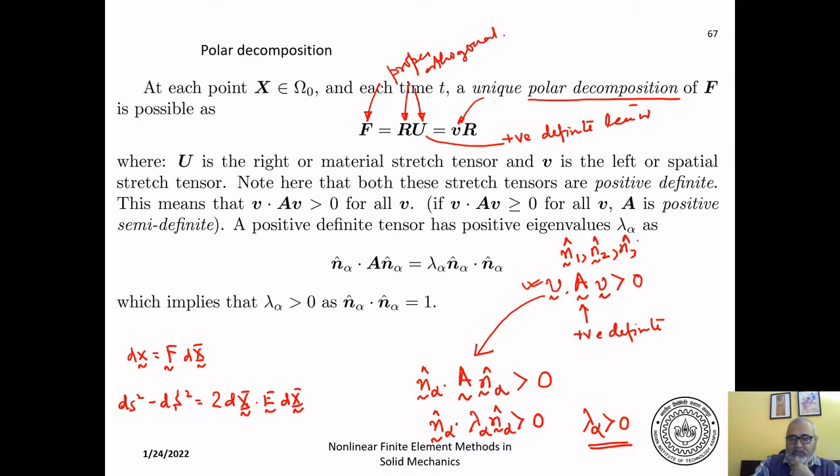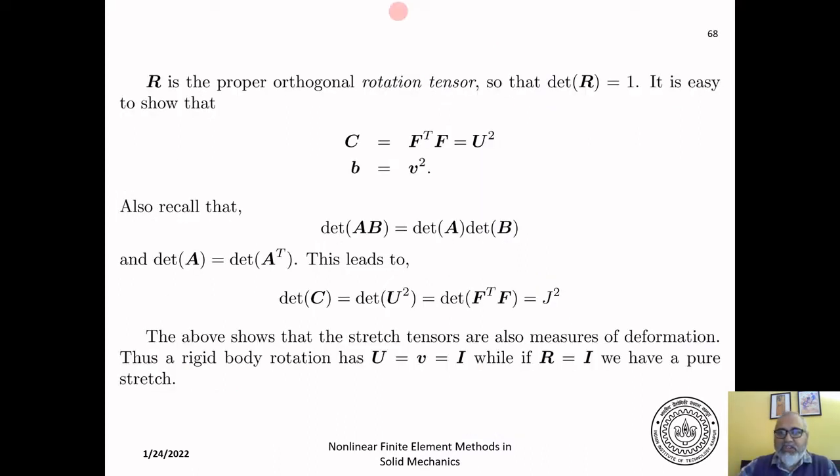Now, when you do this, it's easy to see that C, which we had defined earlier as F transpose F, and remember the definition of C was it takes an element of length in the reference configuration, dots it, and gives you the squared length in the current configuration.